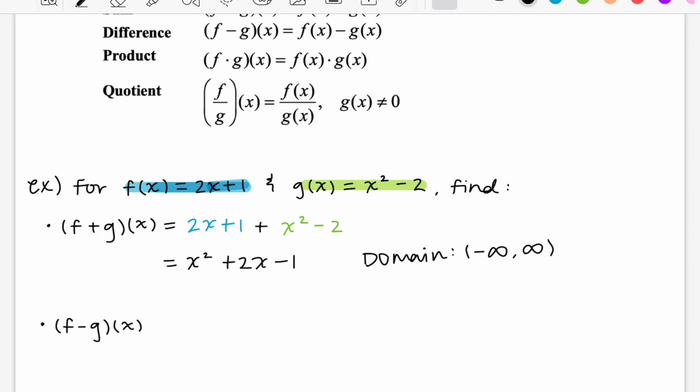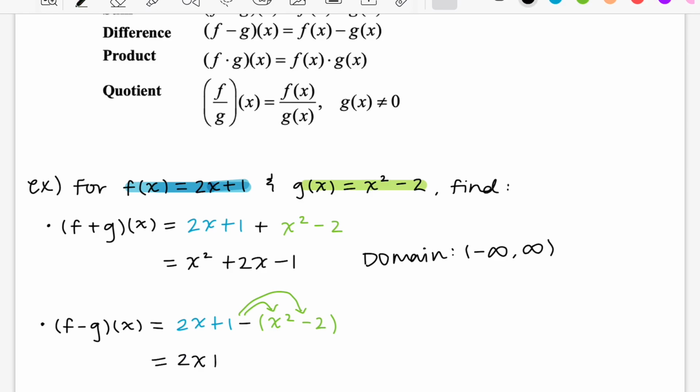All right, so we're going to do the same thing for the difference of these functions. So we'll do 2x plus 1, and we're going to subtract our function g of x, which we have to put in parentheses here because we know that this subtraction is going to distribute to both terms in there.